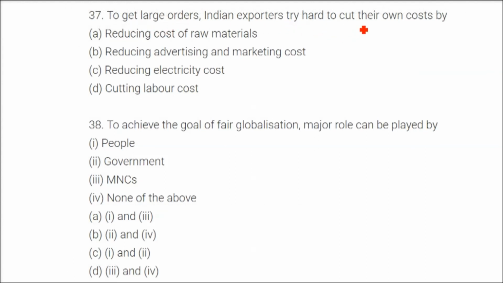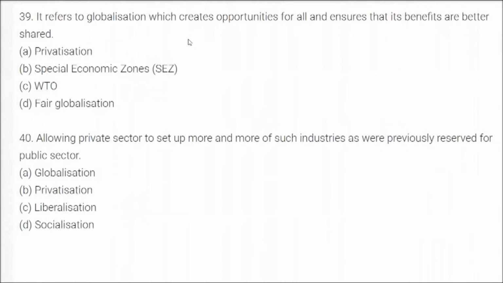To get large orders, Indian exporters try hard to cut their own cost by cutting the labor cost. To achieve the goal of fair globalization, a major role can be played by people and government. So the answer would be 1 and 2. So it is C. 38 is C.